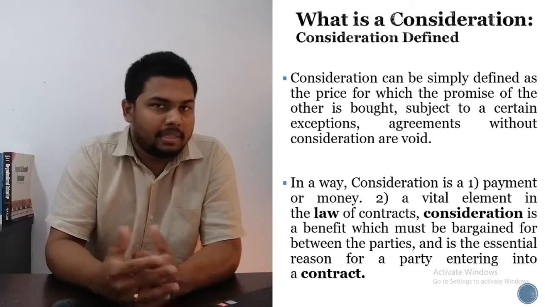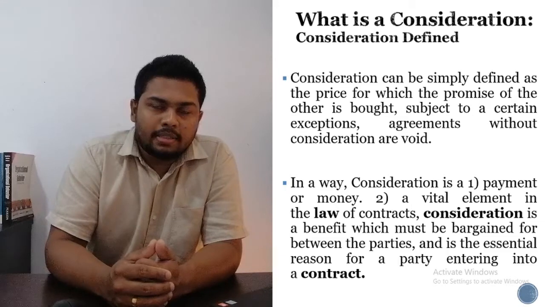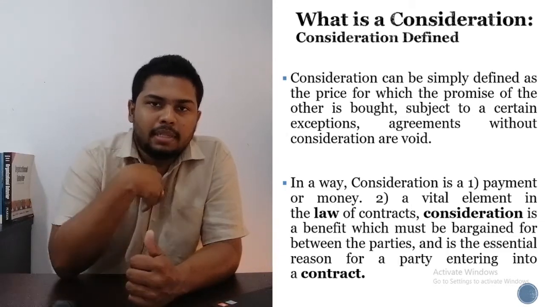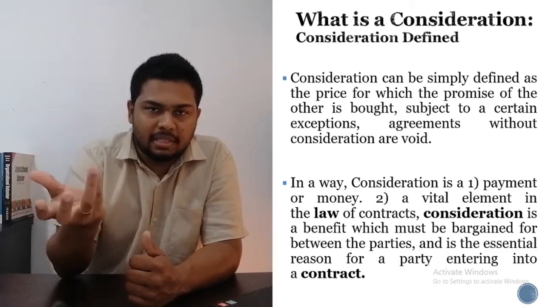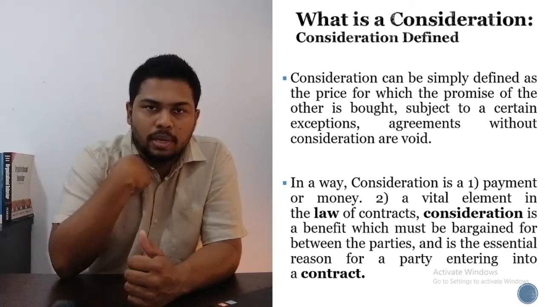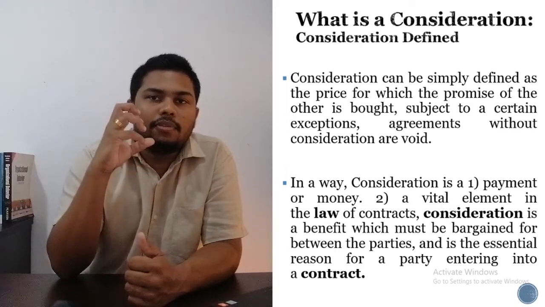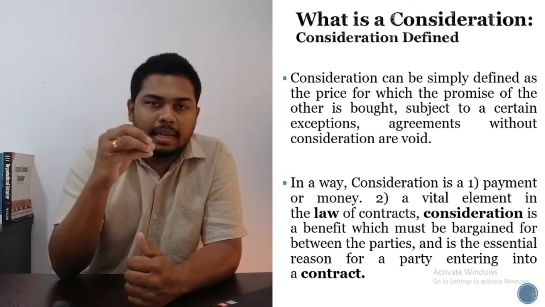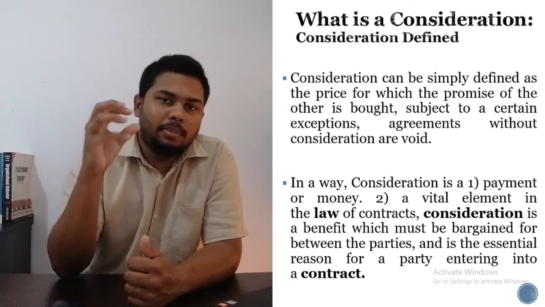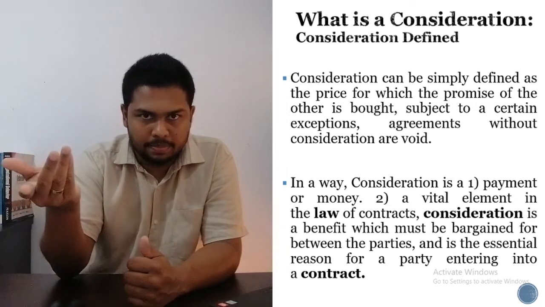The other party's promise. As an example, let's say a tenancy contract. You and I are there, and I'm the promisor and you are the promisee, or I'm the offeror and you are the offeree. In that contract, I will offer you by saying this particular building will be rented to you at a cost of, let's say, an X amount.